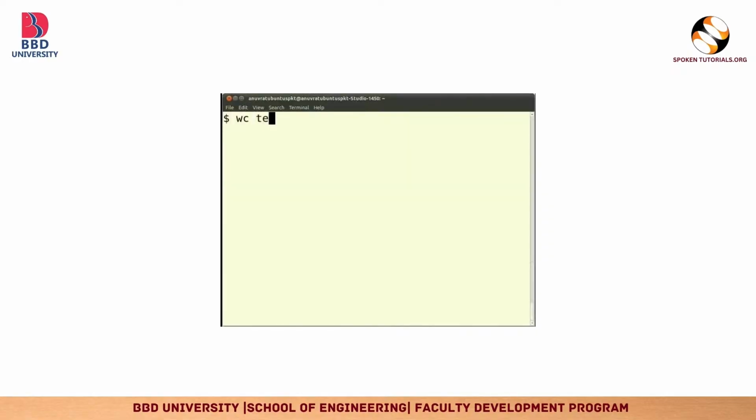Say we write wc space test1.txt right angle bracket wc underscore results.txt. Press enter. Now to see whether this has actually happened, we can display the contents of wc underscore results.txt by the cat command.